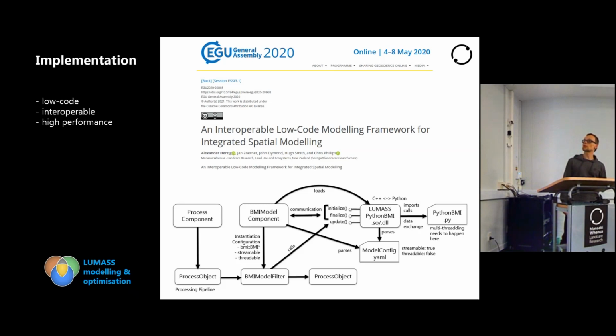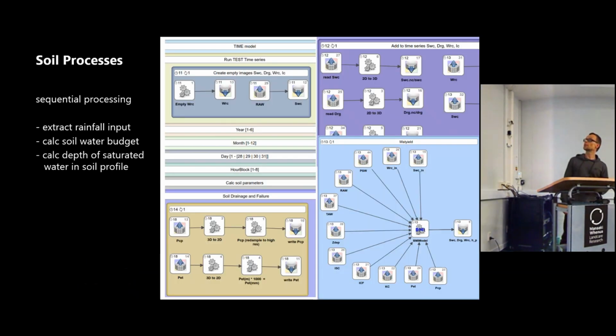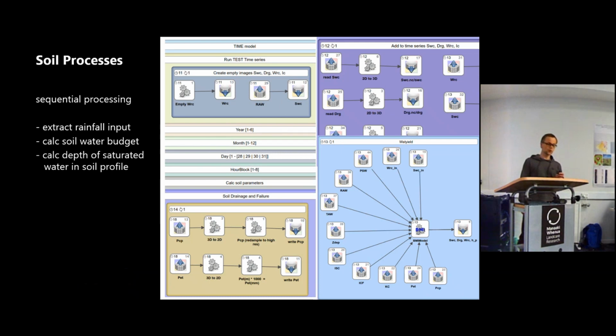In order to process all the soil physics and also then some of the soil erosion, we've implemented an interoperable modeling framework, which allows us to use the high-performance computing infrastructure provided through NeSI. The soil physics is computed in a sequential way. We're extracting rainfall, calculating the soil water budget, and, very important, the depths of the saturated soil water in the soil profile, as well as the excess drainage, that's the overland flow.